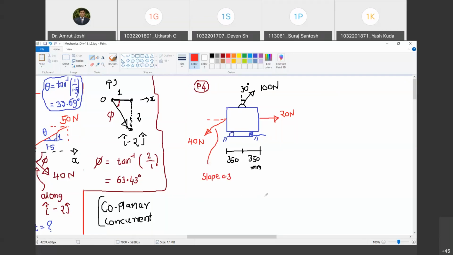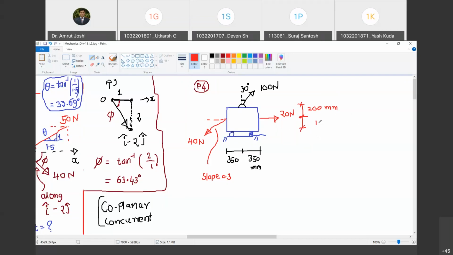Are you with me? Yes, sir. And where are these forces applied? Let us say this distance is 200 mm. Happy? And this distance is also 200 mm.